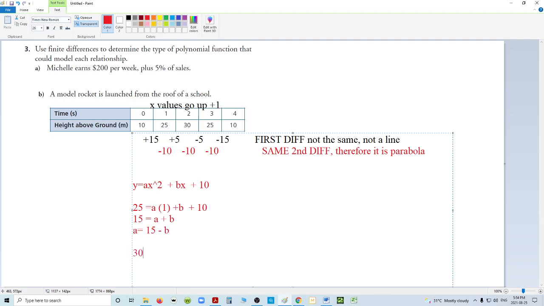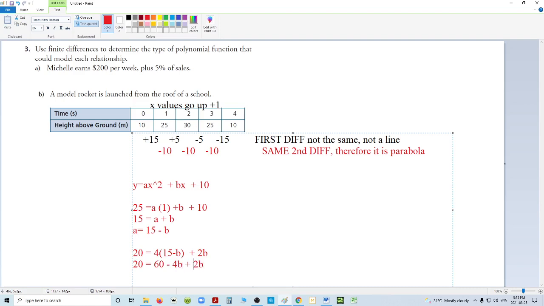Then I do the next line. The next line, when y is 30, x is 2. So I get a, what's 2 squared? 4. So it's 4a plus 2b plus 10. And when I isolate this, I get 20 is equal to 4a plus 2b. But I just had an equation up above for a, so I'm going to replace my a with this. And I get 20 is equal, I expand that, 60 minus 4b plus 2b.